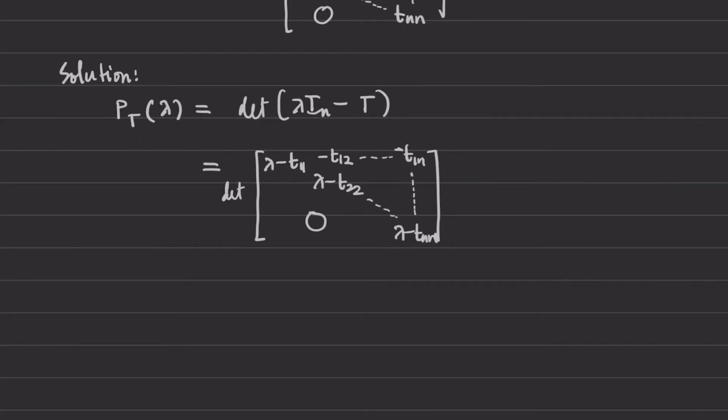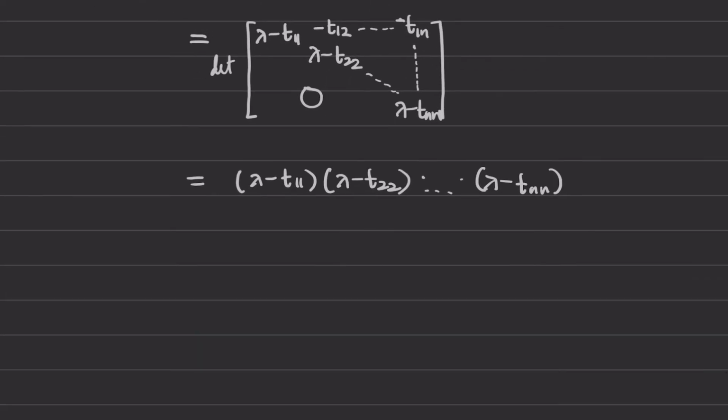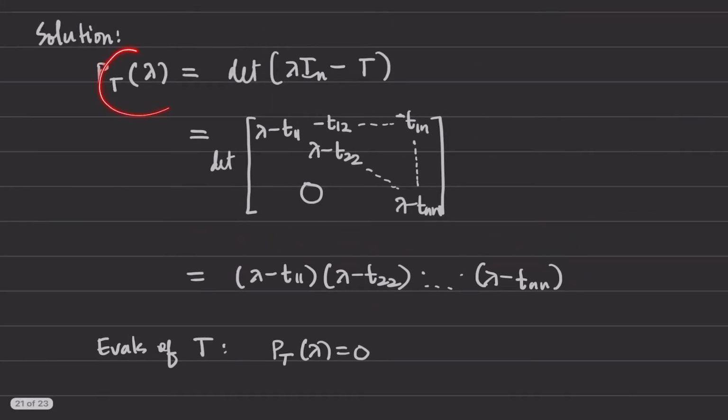Tapos, determinant niyan. At paano tayo kumukuha ng determinant ng upper triangular matrix? Ang determinant ng upper triangular matrix is just the product of its diagonal entries. So, meron tayong lambda minus t11, lambda minus t22, hanggang umabot ka ng lambda minus tnn. So, from there, makukuha mo na yung eigenvalues. So, p of T lambda equal to 0. So, i-equate mo ito sa 0 kasi yun yung characteristic equation mo.